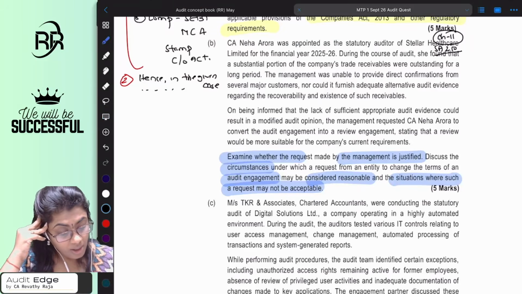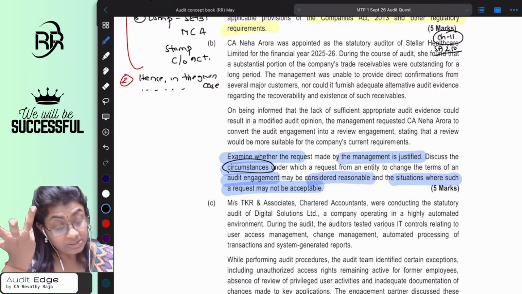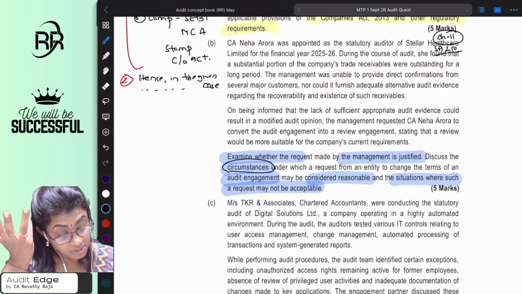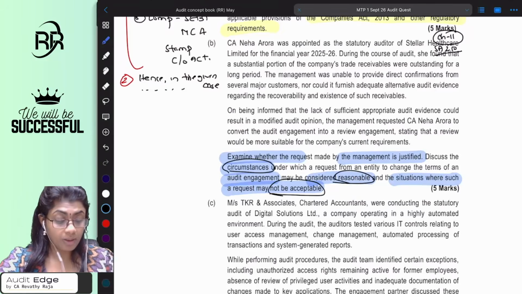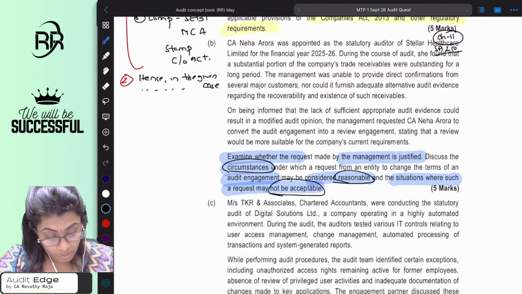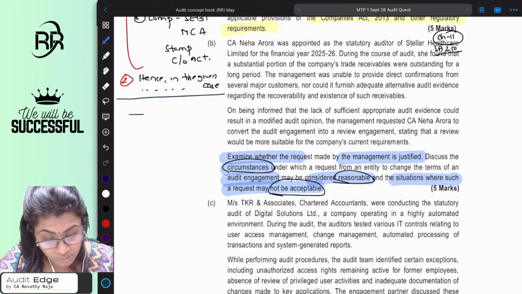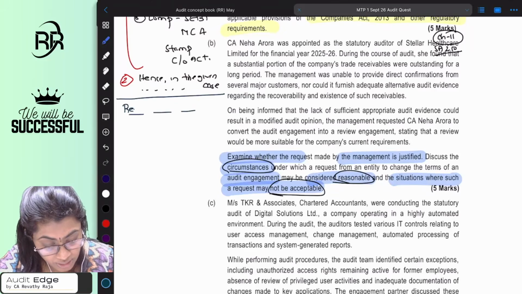So here they have asked the circumstances when you can revise the terms, which are reasonable and not reasonable. So how to present in this case? You can give a heading, revision in terms of engagement.